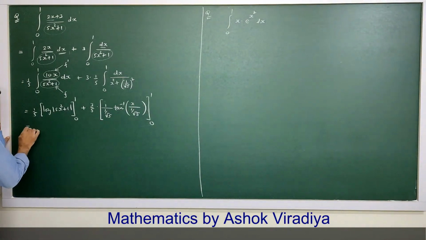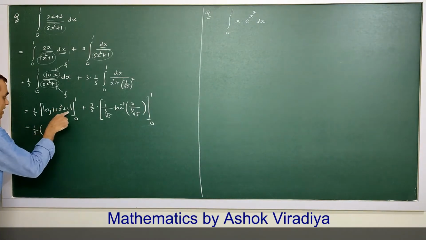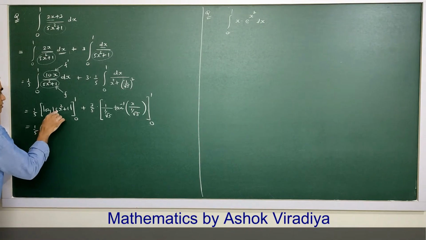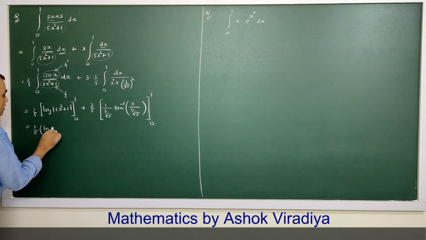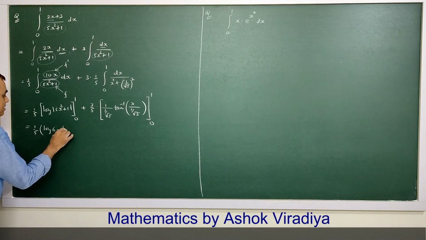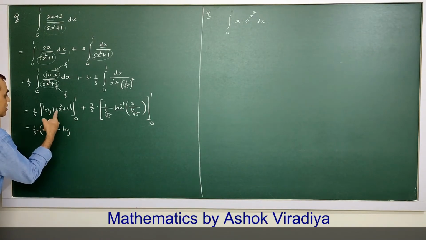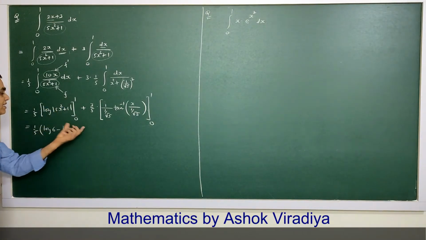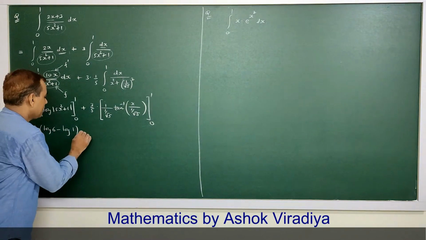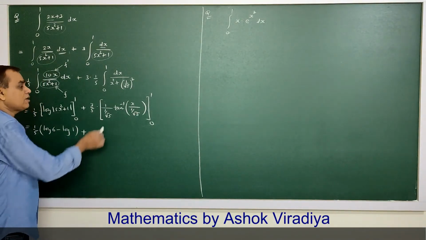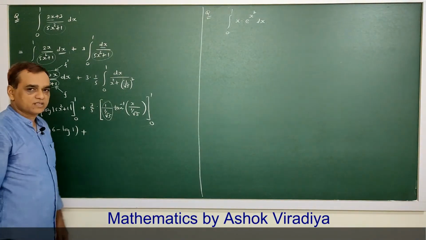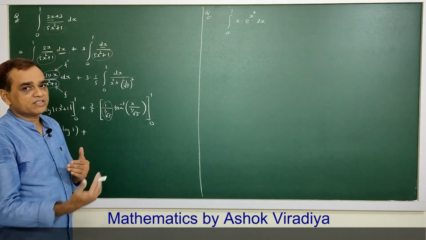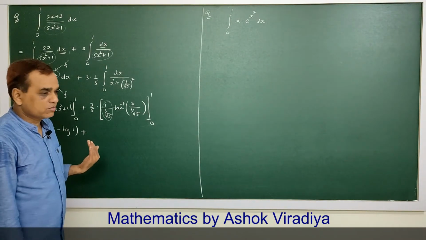Now 1 by 5, putting here 1, so log of 5 into 1, 5 plus 1, log 6, minus log 0. Now put lower limit, so log 0 plus 1, log 1. So upper limit minus lower limit, plus, now this is a constant, it will be common in the difference, so take it out.